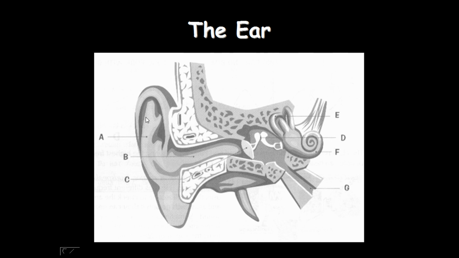The pinna is made up of several curves, and all these curves focus to the auditory canal. The design of the pinna is purposed to collect sound from all directions and focus it towards the auditory canal.